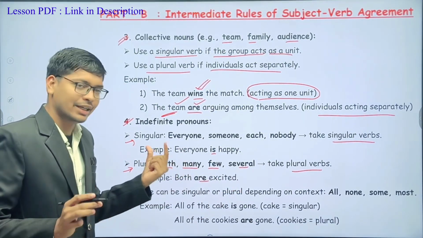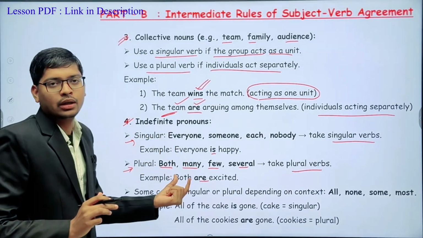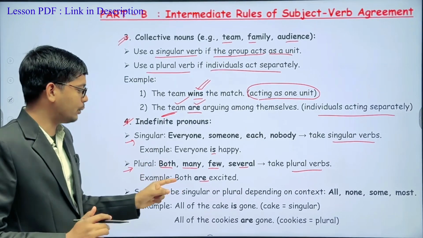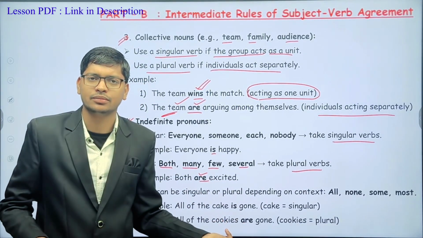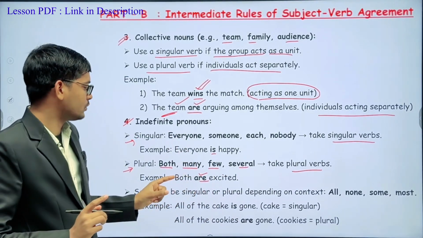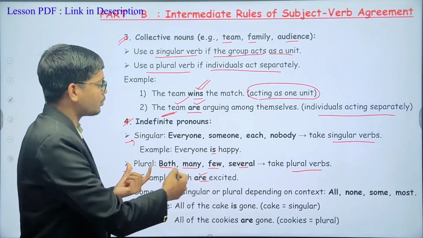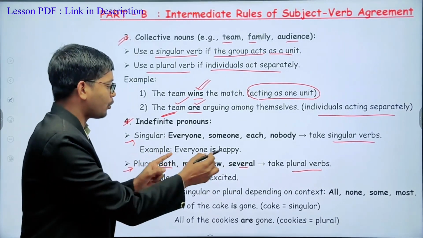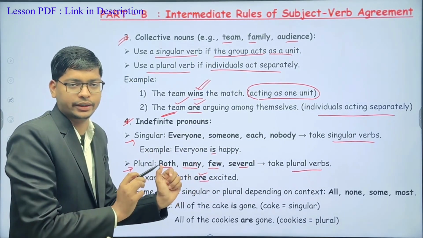Both is a plural indefinite pronoun, so we have to use a plural verb. You must remember these singular pronouns and plural pronouns. This is the most important thing here.